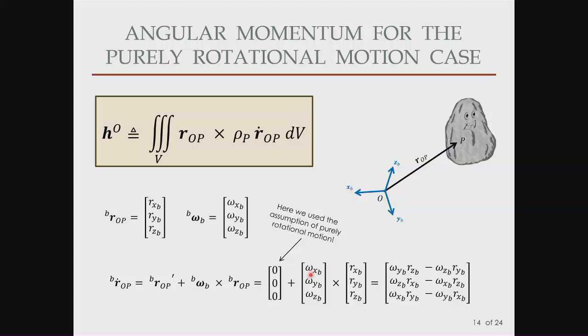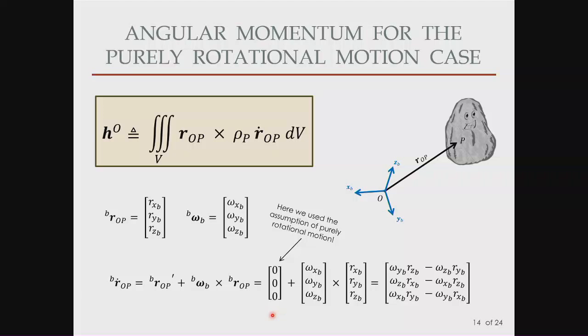And why is this all zeros? Because according to the golden formula, we need to take the term by term derivative, and since these are all constants in frame B, because it is attached to the rigid body, taking these derivatives of constants would give you zeros.